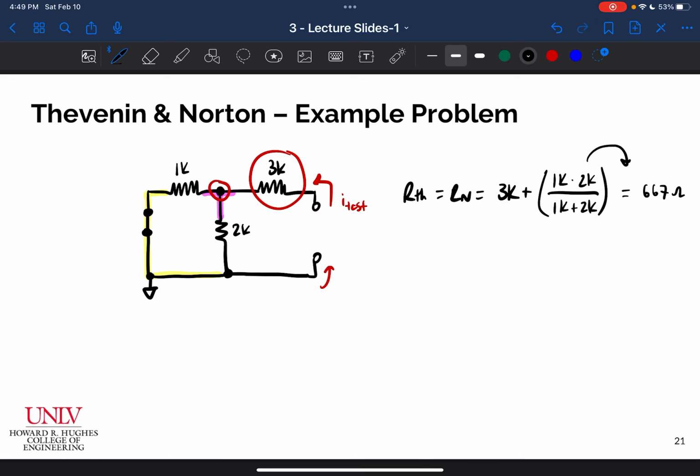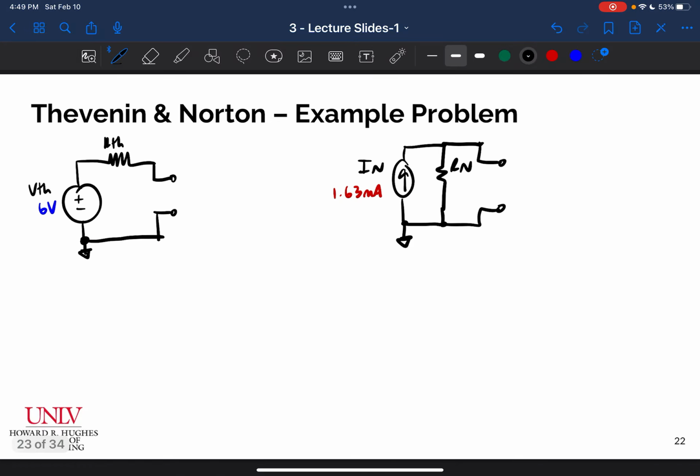That's just this, sorry. That's not the total. The total is 3K plus that. So let me write that this is 667 ohms. And so my total would be 3.667 kilo ohms. And now I can take that, and that is going to be my Thevenin resistance and my Norton resistance as well, okay?